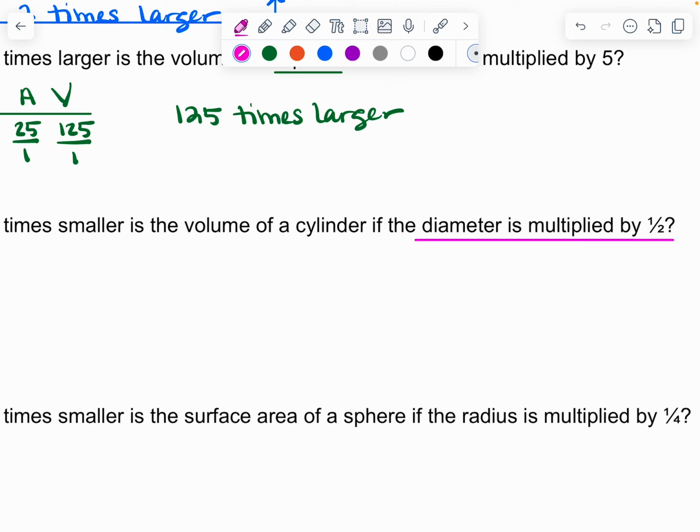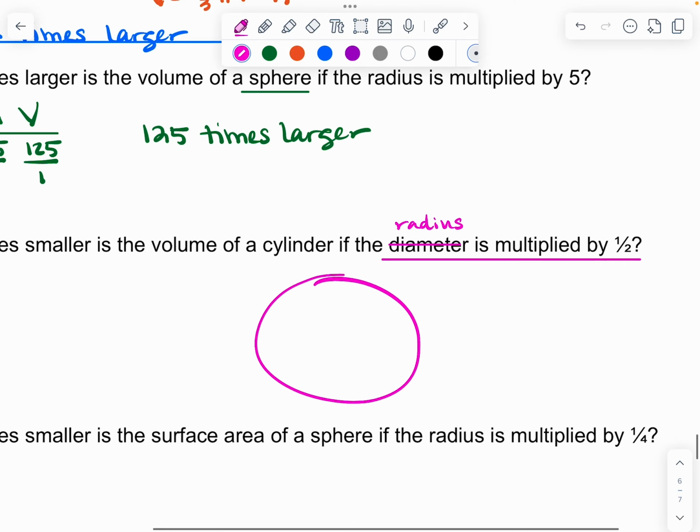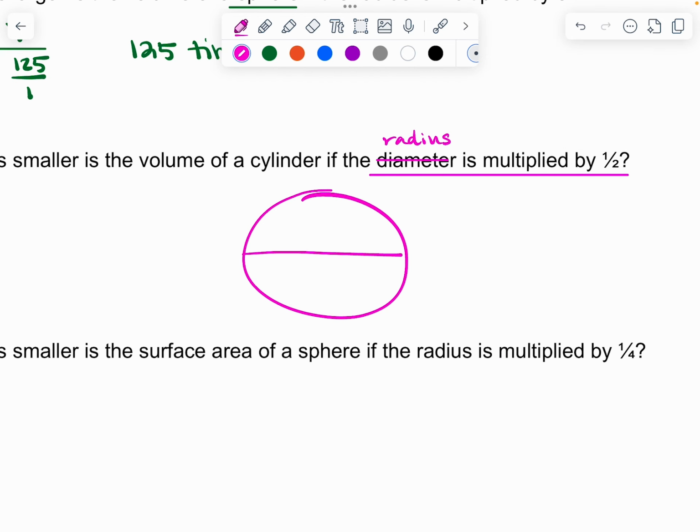So this freaks people out sometimes that it says diameter is multiplied by 1/2, because there's no diameter in the formula. But guys, you can basically cross out the word diameter and write radius. Because if the diameter of a circle is getting cut in half, then the radius is also getting cut in half. It's the same effect, right? Let me just explain that again really quick.